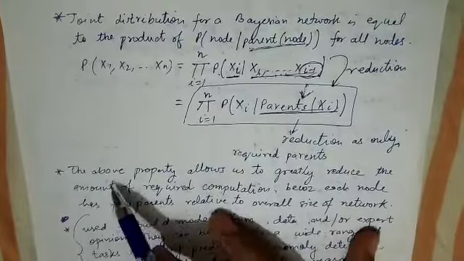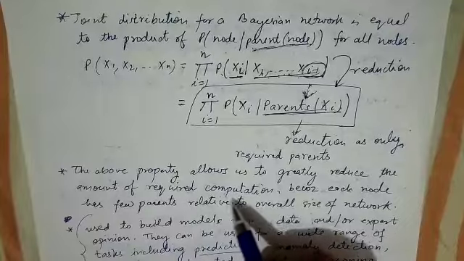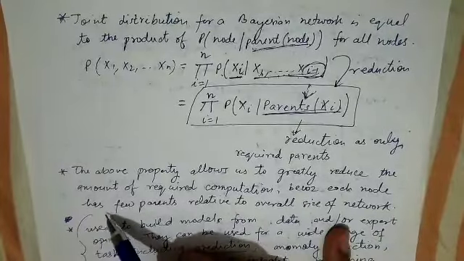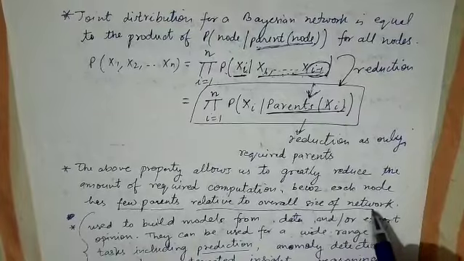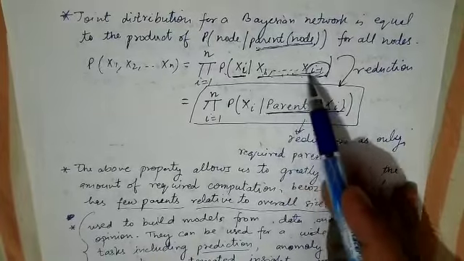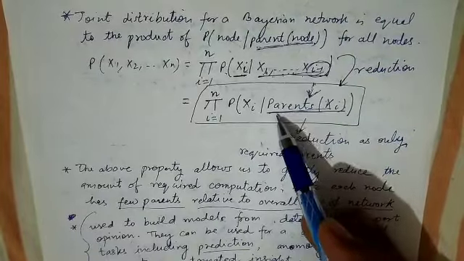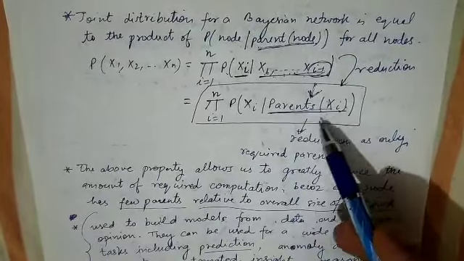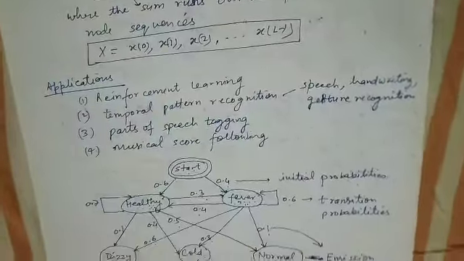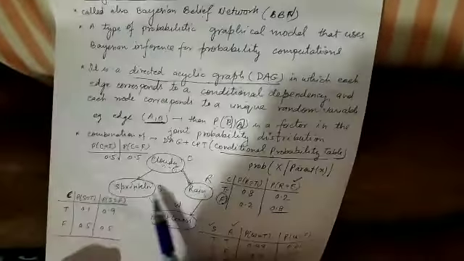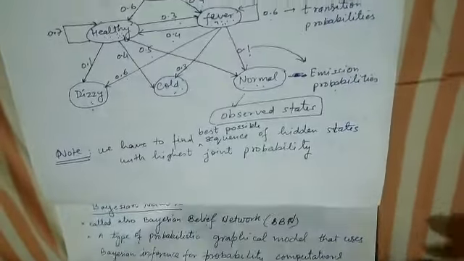Because this property allows us to greatly reduce the amount of required computation, since each node has few parents relative to the overall size of the network. So instead of taking all other variables, we only take the parents of xi, and the parents of xi will be few. Just see in this example, the wet grass node has only 2 parents. So this graph may be some wide graph also.